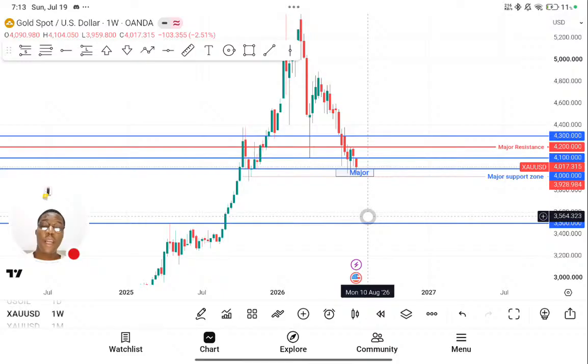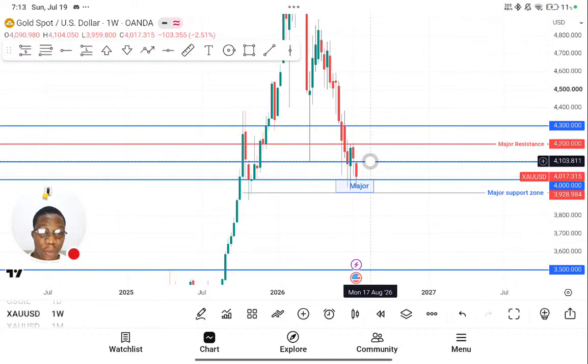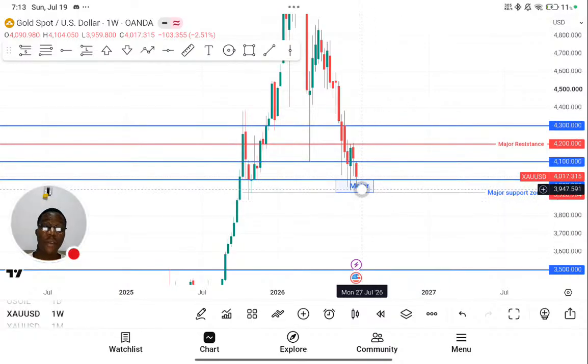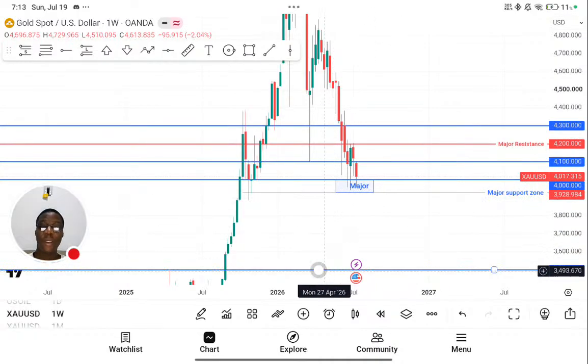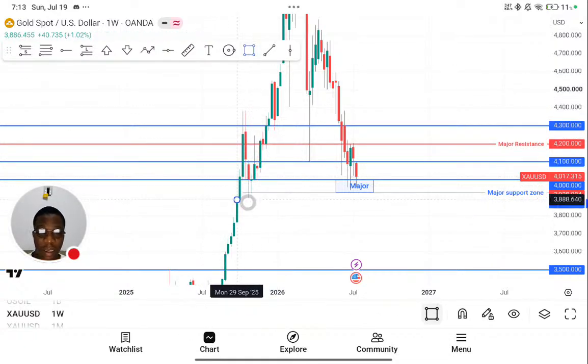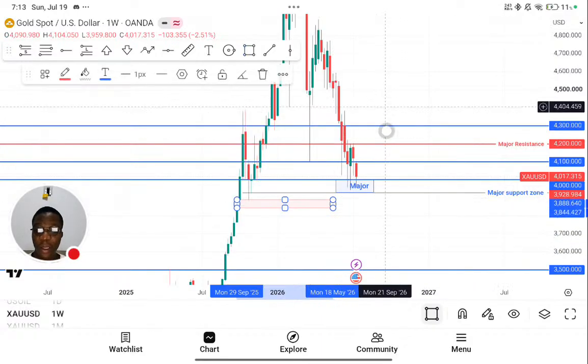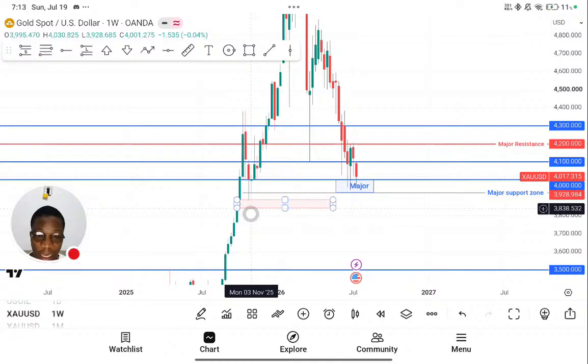Even last week, price not continuing its bullish move and coming back to that level is telling me something. There's a whole lot of liquidity here, and price must tap all that liquidity before the new rally begins. There's a lot of money here.